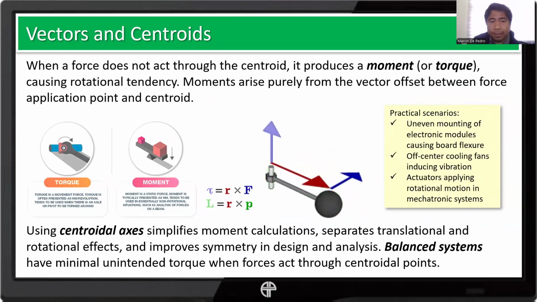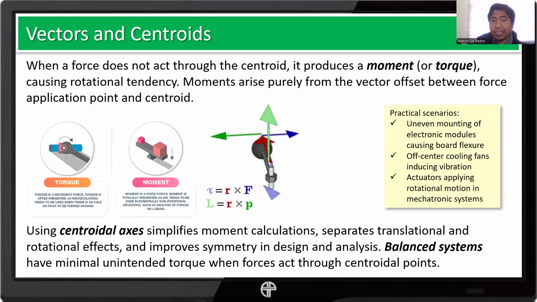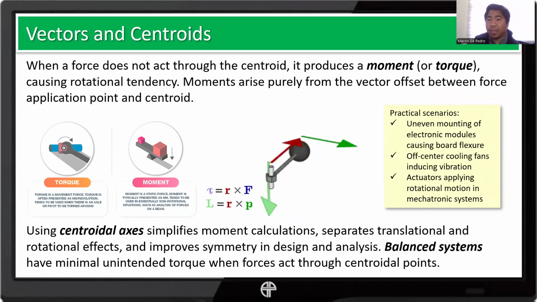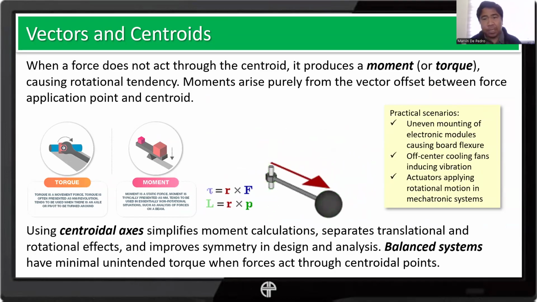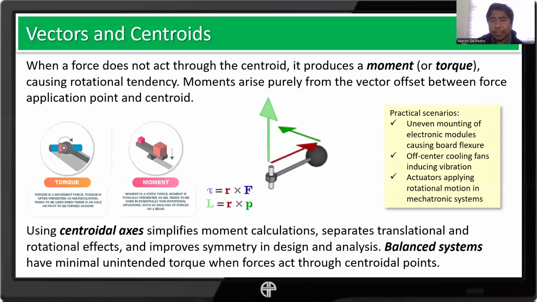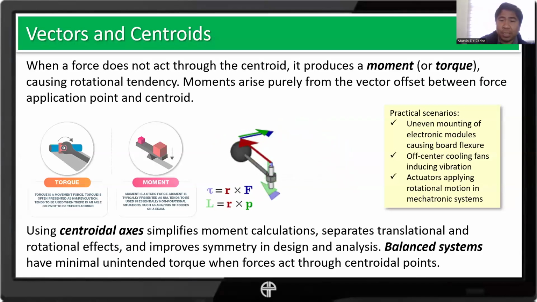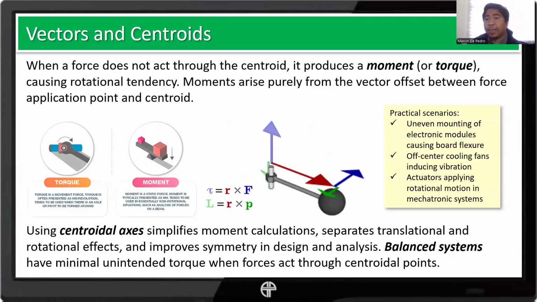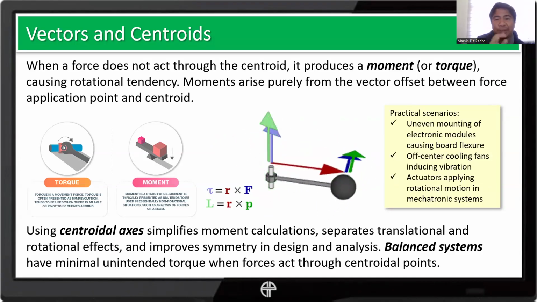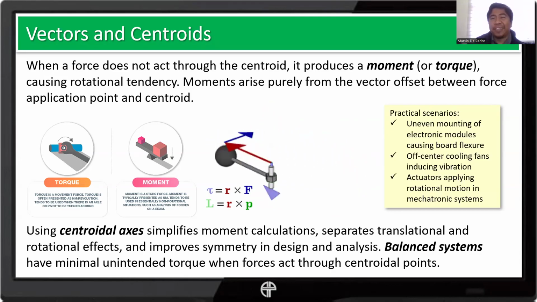Note also that using the centroidal axis simplifies moment calculations, separates translational and rotational effects, and improves symmetry in design and analysis. We're going to talk more about these things in the next module.